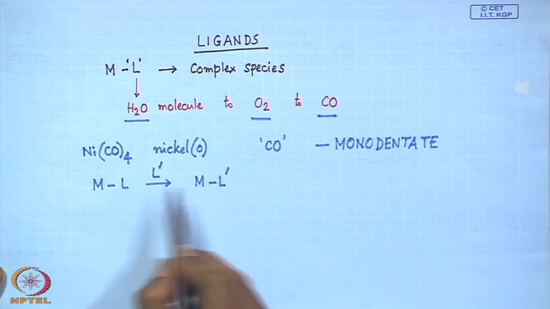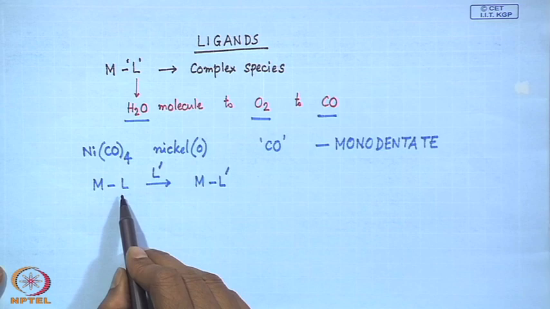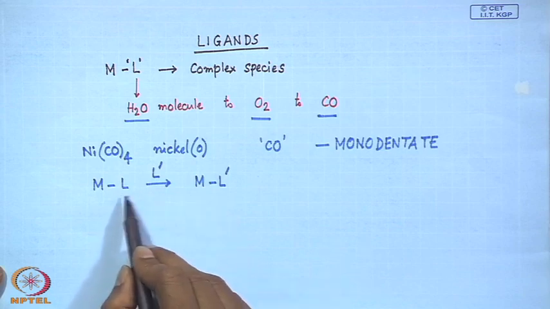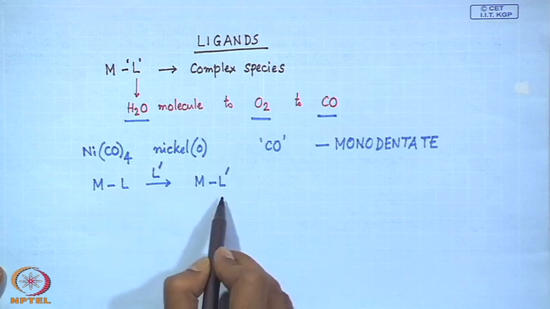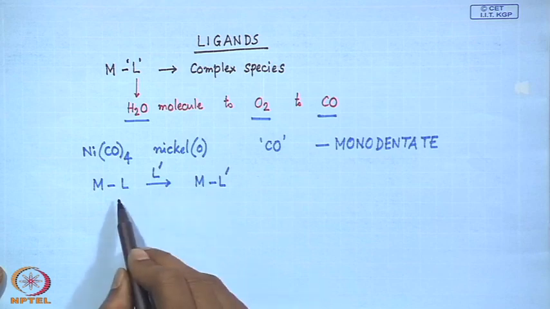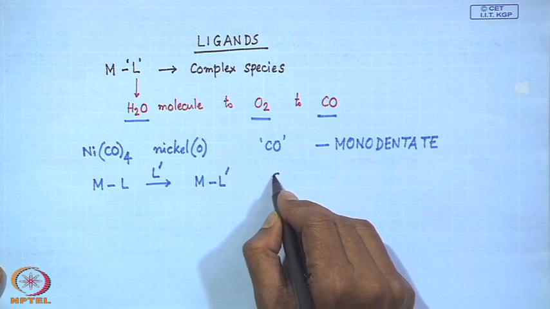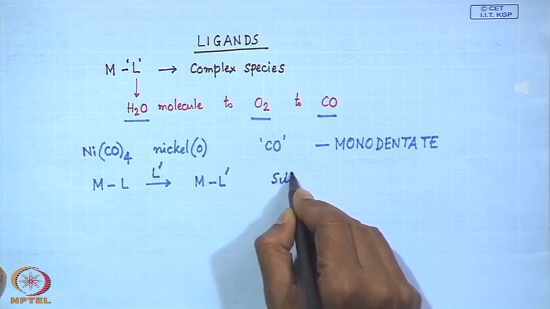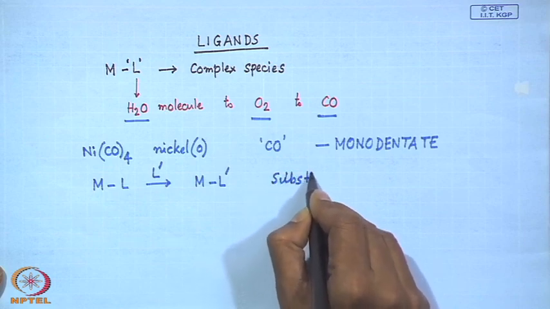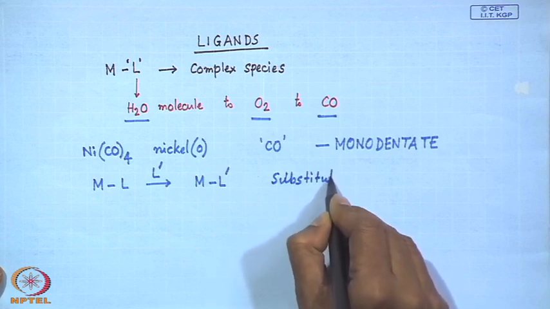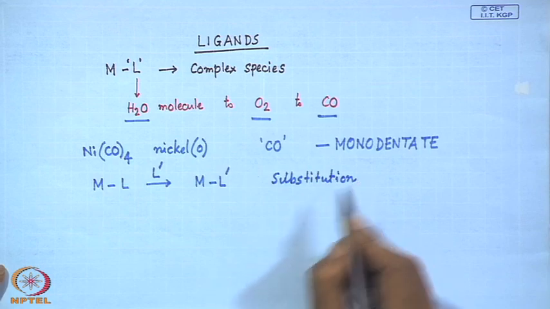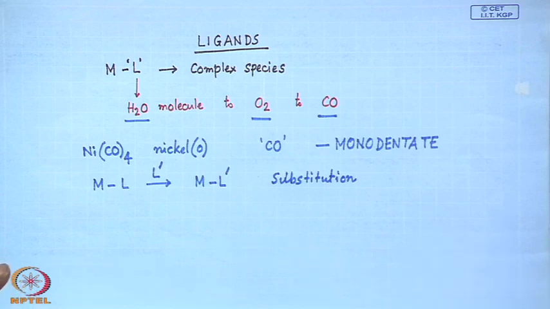In both these cases, the nature of the ligand, what type of ligand we have as L and L prime, will control the substitution reaction. So, the role of ligand is important for this substitution reaction, and the rate of this substitution reaction is also very important.